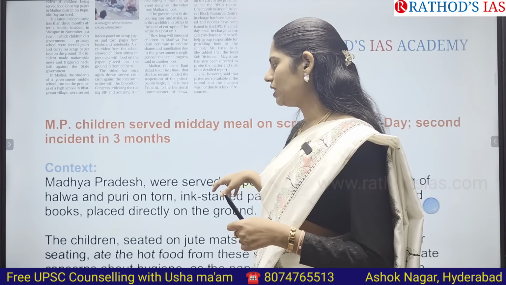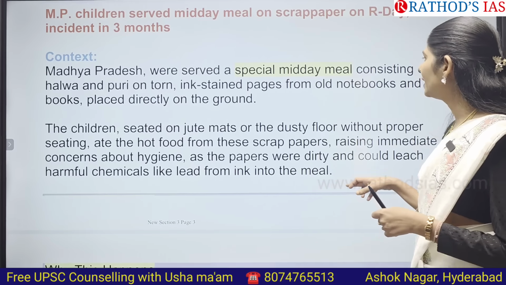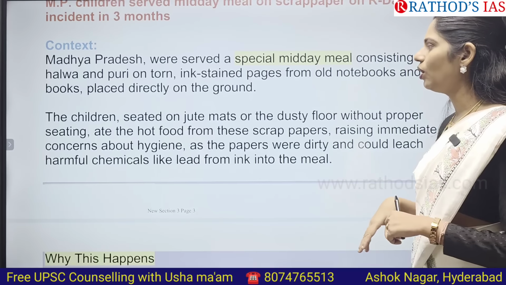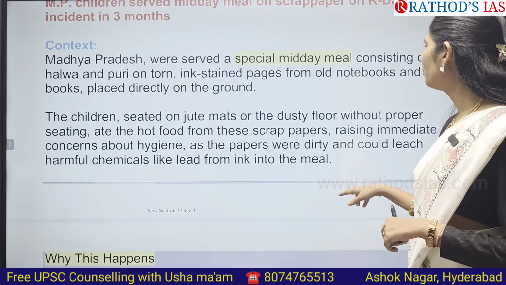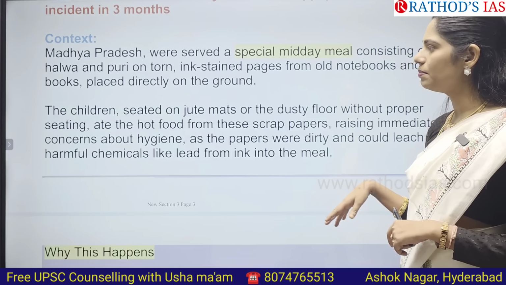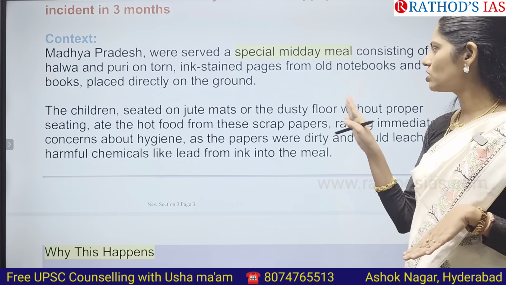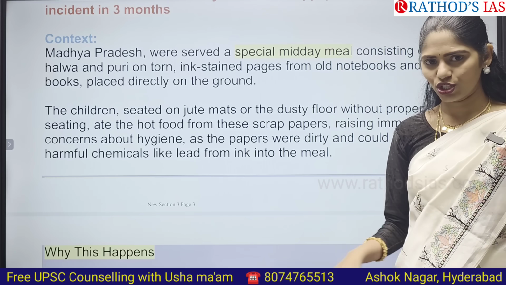If you see here, this article is saying that children in Madhya Pradesh were served a special midday meal consisting of halwa and puri on ink stained pages from old notebooks and books placed directly on the ground. They took these pages of old notebooks as well as other books, and they placed them on the ground.